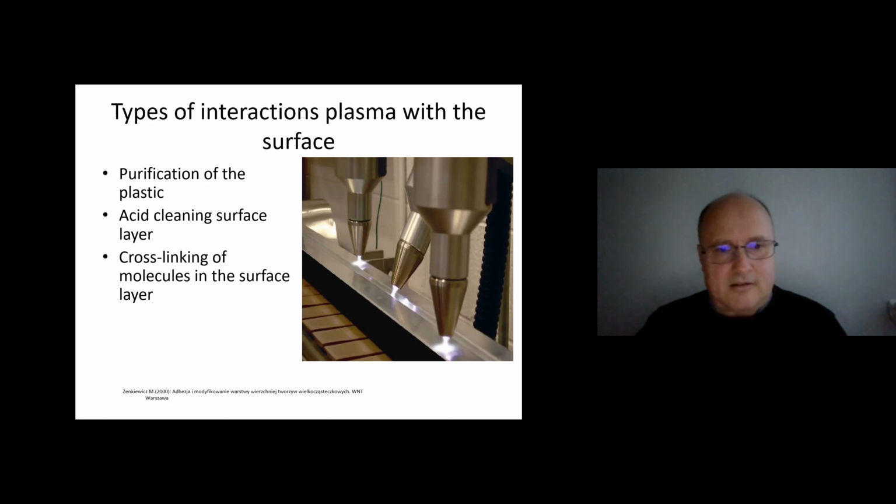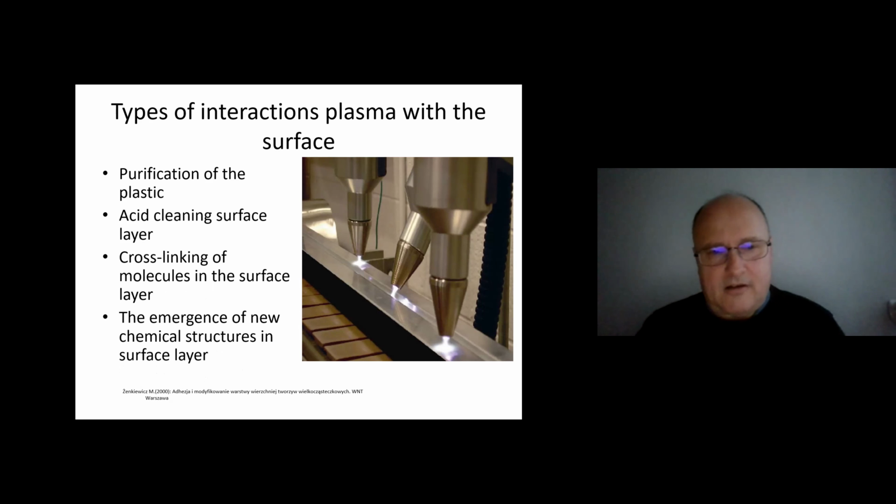And cross-linking molecules in the surface layer, this opportunity, I think looks good for the future, not for very slow technologies, but for faster technologies.